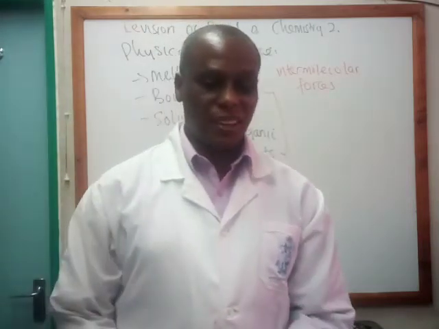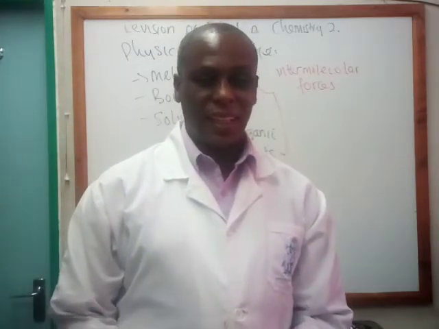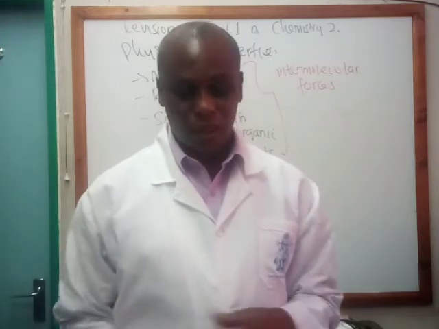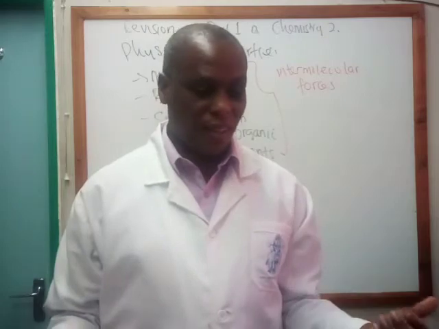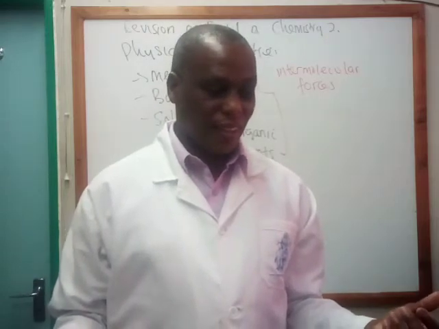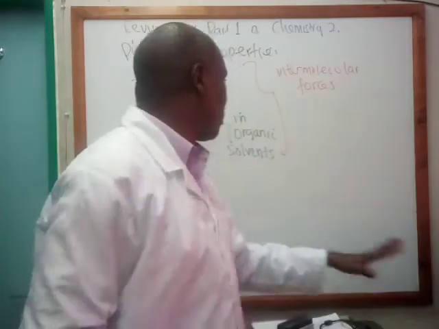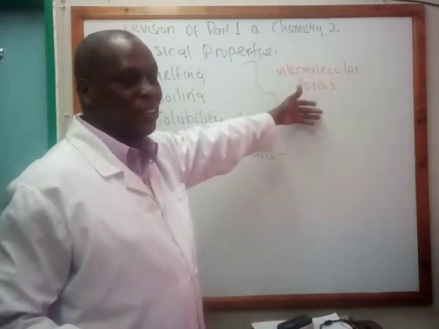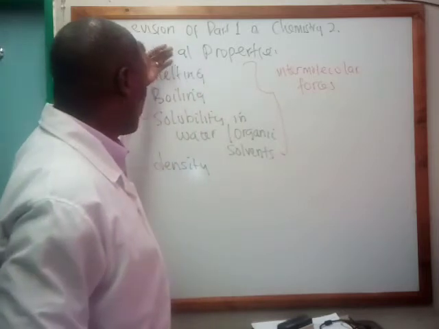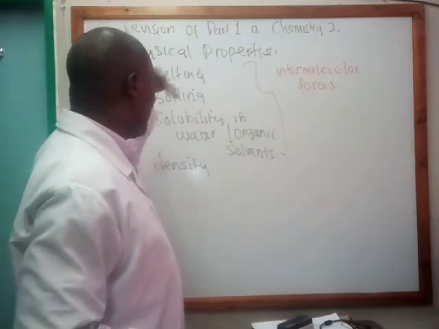So you need to know things such as London dispersion forces, ion-dipole, dipole-dipole, all those kinds of things. Yeah. So we'll be able to look at all the various intermolecular forces, including the hydrogen bonding and the rest, and how they affect the melting point, boiling point, and solubility.